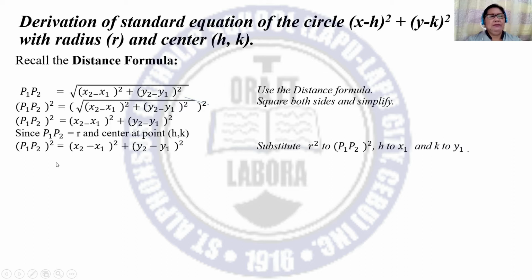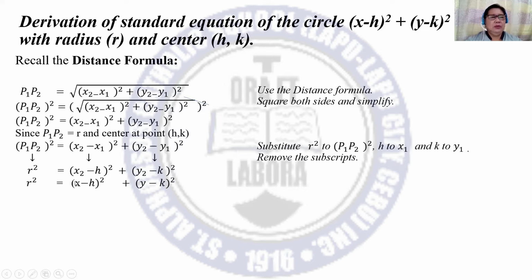So using this formula, we substitute r squared here, x sub 2 minus h here, and y sub 2 minus k here. Then we have to remove the subscripts. We only have x minus h, then y minus k.